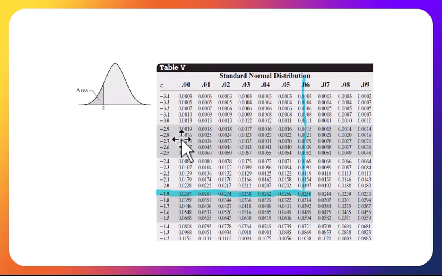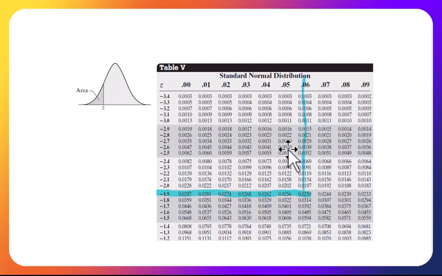And then the third digit, the 0.06, you locate in the first row. You drop a vertical line from 0.06, a horizontal line from -1.9, and this number will be the area or the probability to the left of z equals -1.96, which we can write as probability of z less than -1.96 equals 0.025.